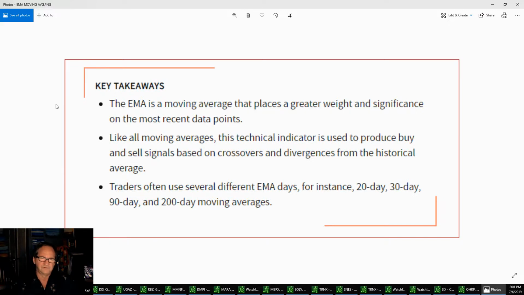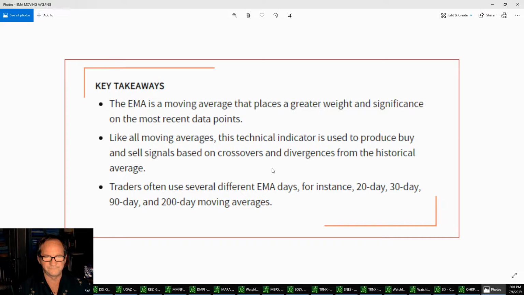Traders often use several different EMAs. Some use the 9, for instance, some others use the 20, the 30, the 90, and the 200. I personally use the 9 right now, the 34, and the 200, and I'm always practicing using other moving averages. So those are the key takeaways.